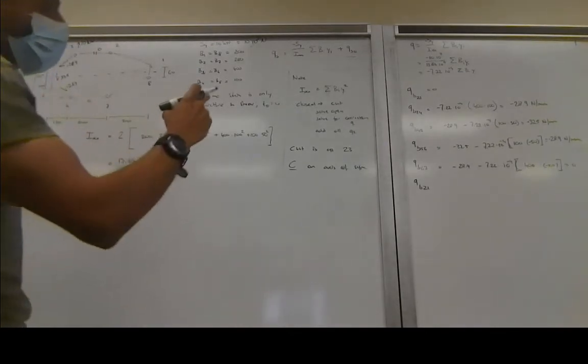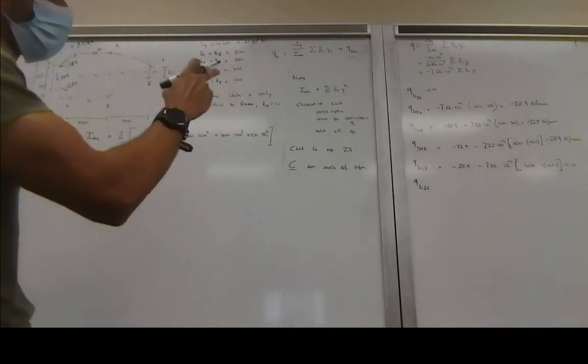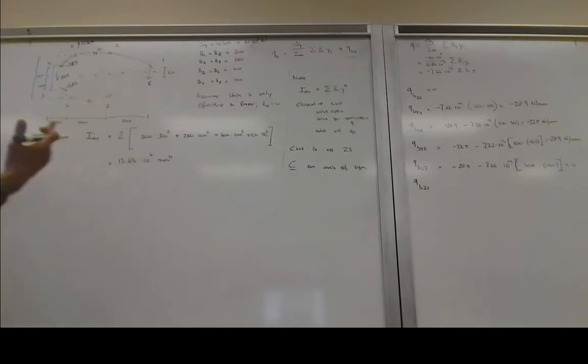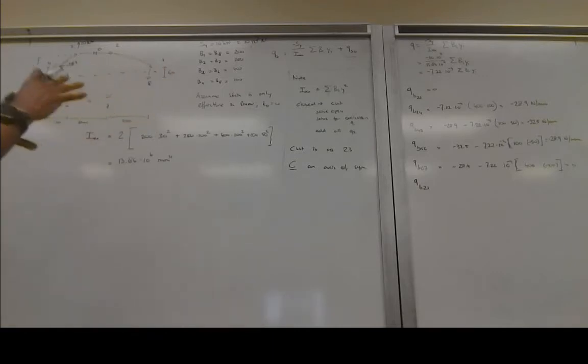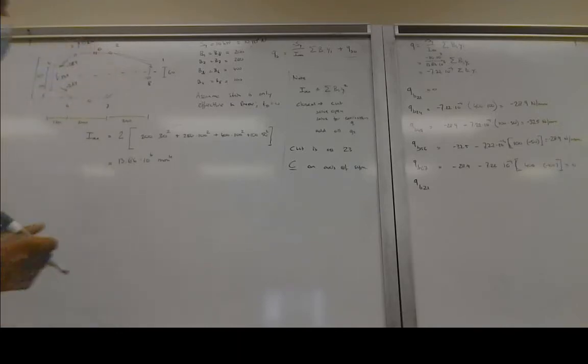But if we had said Q4, 3 is negative 28, that would be incorrect, because it should be positive. Because the negative sign only indicates directionality. So we assumed in this direction, and therefore it's negative. So in practice, it actually goes in the opposite direction with the same magnitude.